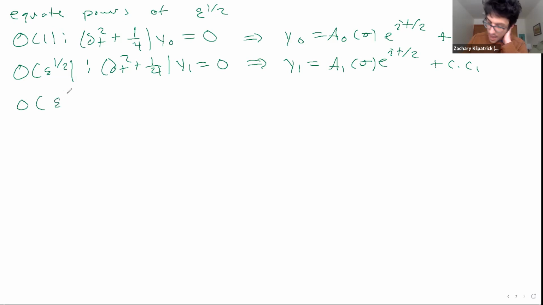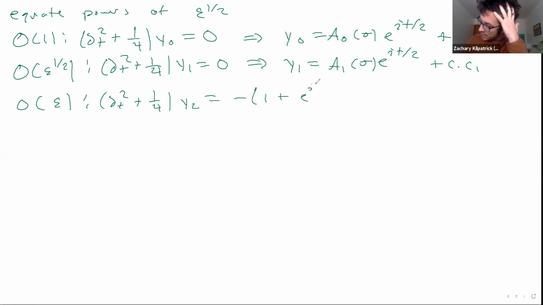Order epsilon now is where stuff starts to leak in because of the periodic coefficient. And what we find is that our standard linear operator acting on y2 is equal to 1 plus, I'll just write it out, e to the it plus e to the minus it, times y0, okay?